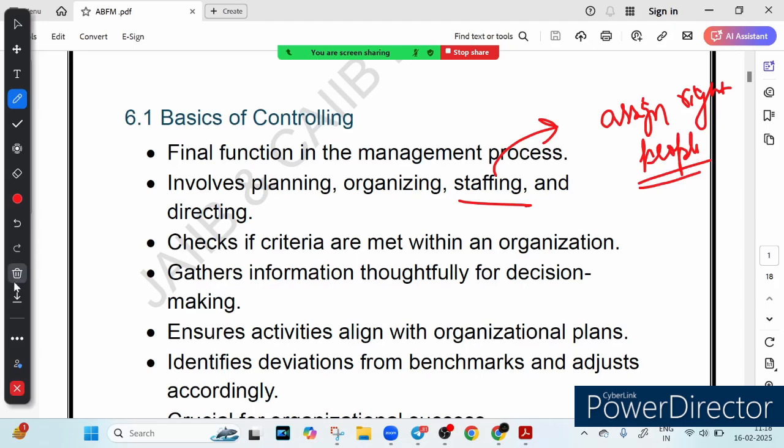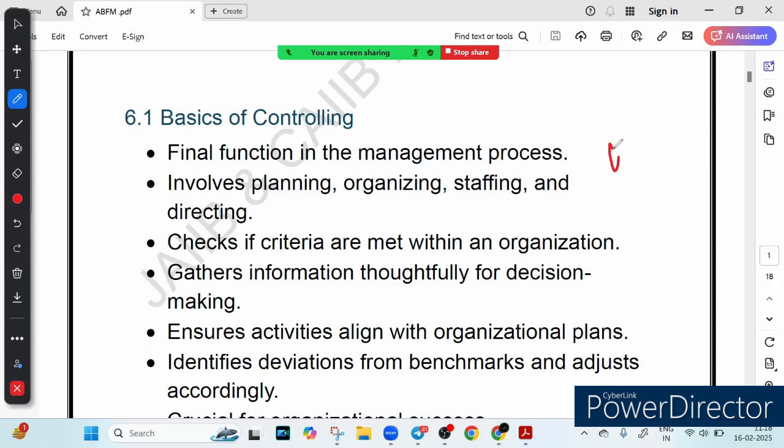Now the question is, why is controlling important? It helps the business stay on track, aligned with the organization's goals.